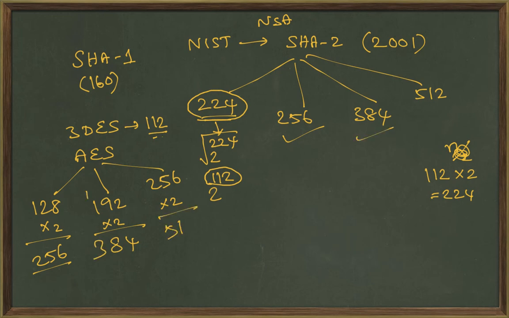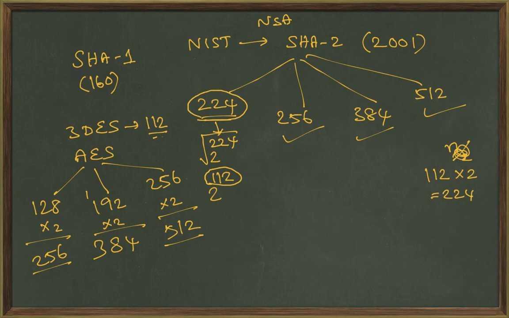And for this one, you get 512. So that's how you end up with 4 different varieties of the SHA-2 hashing algorithm, in order to provide the same level of security as the 3DES and AES block ciphers. Because if your hash function is weaker, then in the whole system your hash function will become the bottleneck. They don't want to create a bottleneck. They want to provide at least an equal amount of security with whatever block cipher you are using.